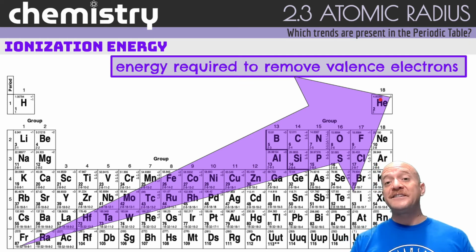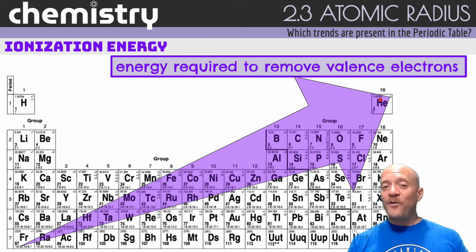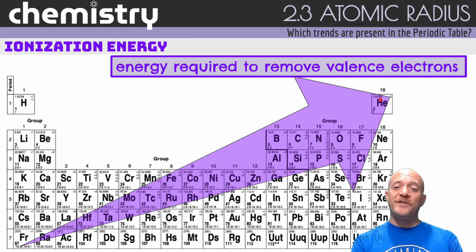Helium is a very small element, and it holds on to that valence electron very close to the nucleus, very, very tightly. It's going to take a lot of energy to remove that first one. Once you get rid of the first one, to remove that second valence electron will not take as much energy, but it will still take a lot of energy.